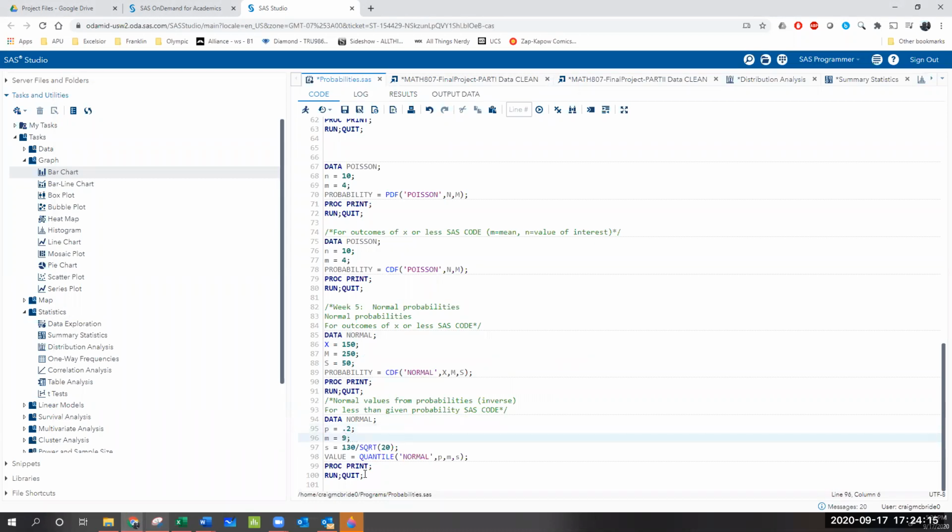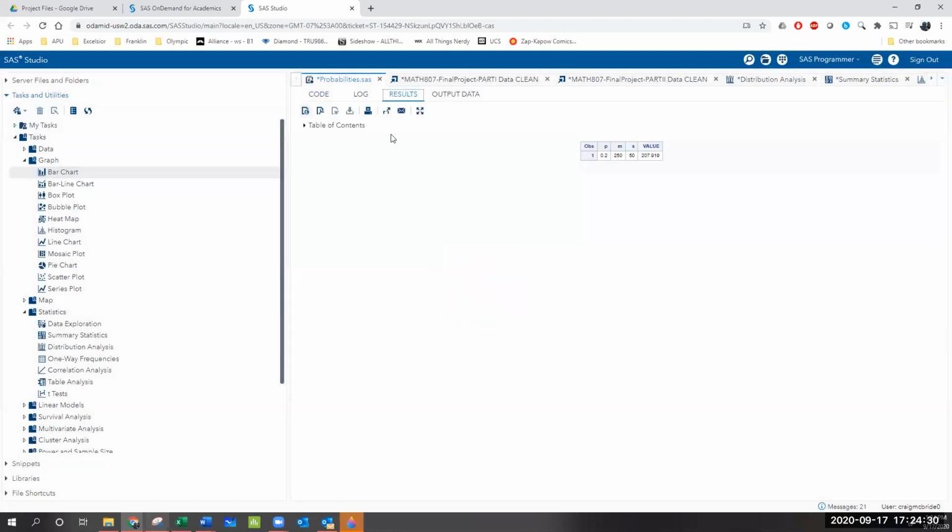The mean is 250, and the standard deviation is just 50. And we run this, and it gives us this value, 207.919.